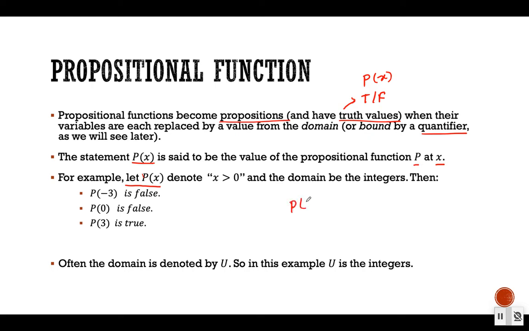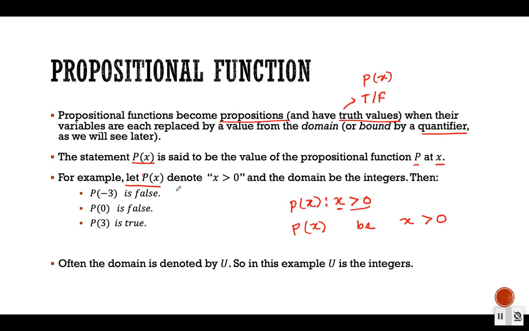We also write it like that, P of x such that x greater than 0. Always remember, a predicate or propositional function has a variable and a property. Here x is the variable and the property is that the variable is greater than 0.